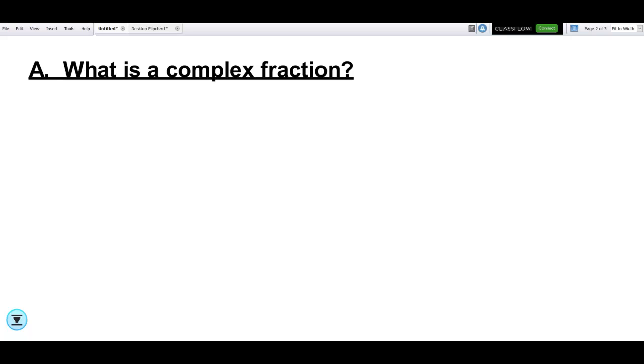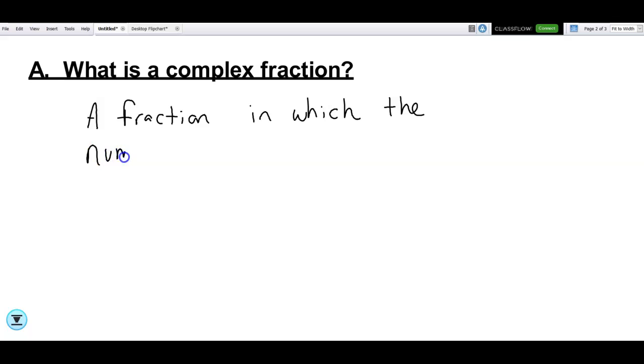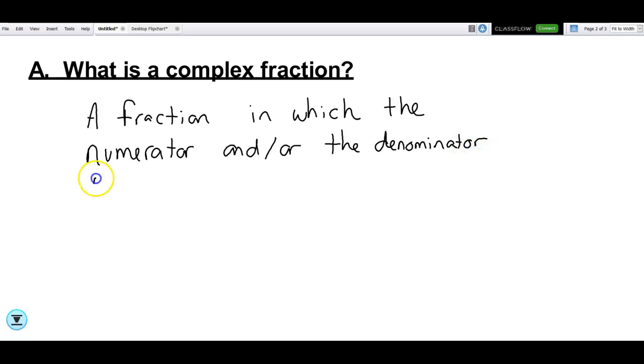A complex fraction is basically a fraction in which the numerator and/or the denominator is a fraction.